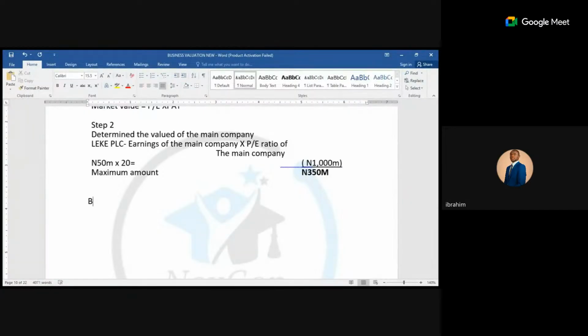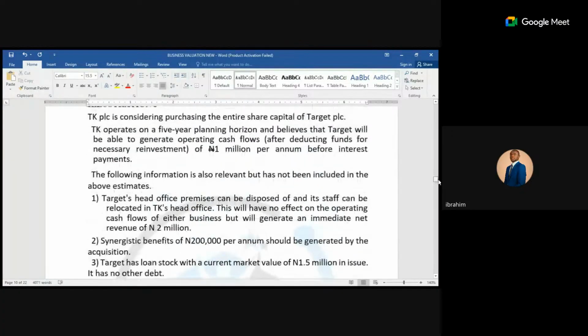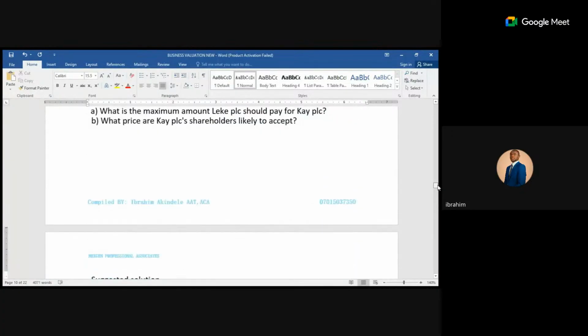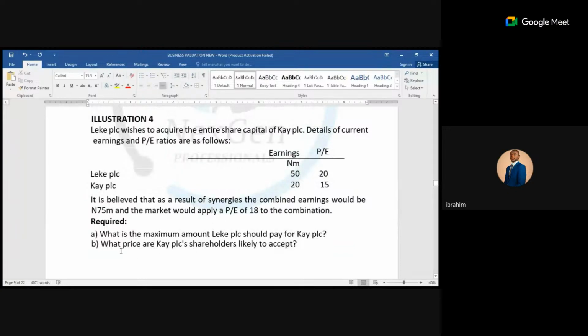The B part of the question says that the price, class, the price here is the minimum price that KPLC can accept, or the minimum value which they can accept.